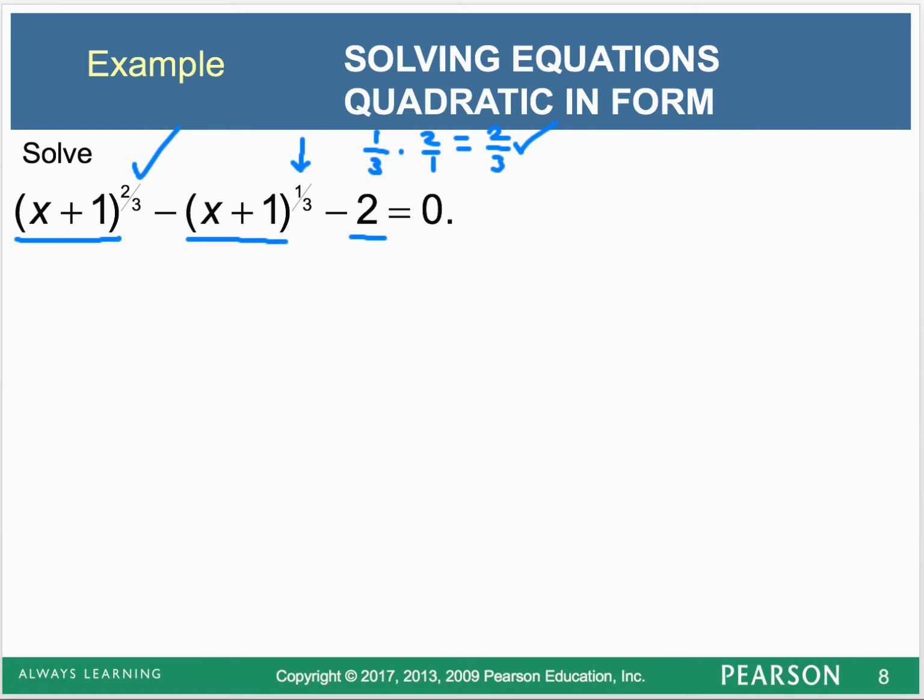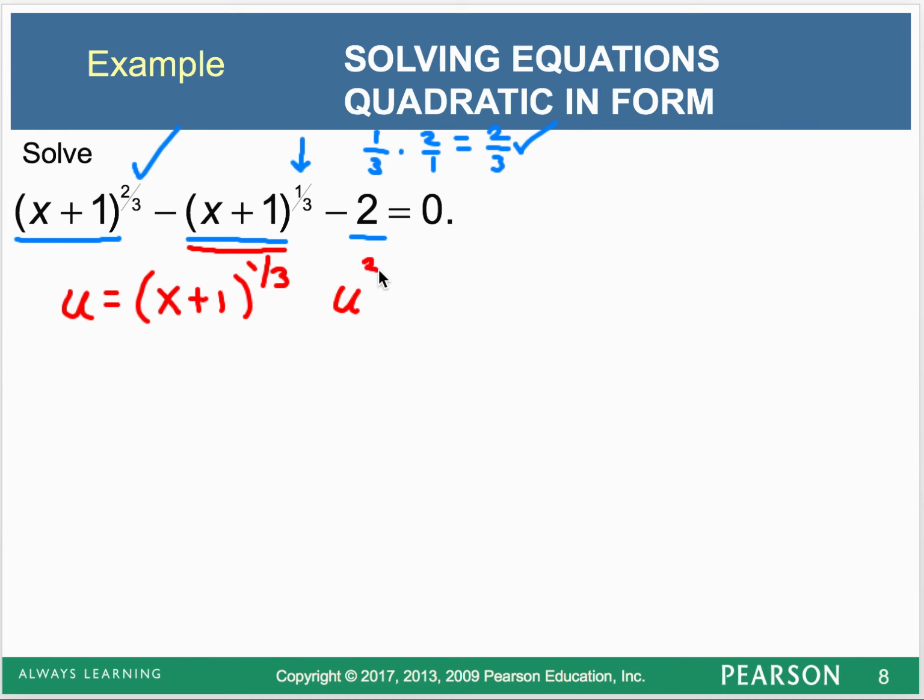If it's quadratic in form, that means we're going to use something called substitution. I'm always going to take this middle term and call it u. So u is x plus 1 to the 1/3. That means if I square this and square that, I get that, right?